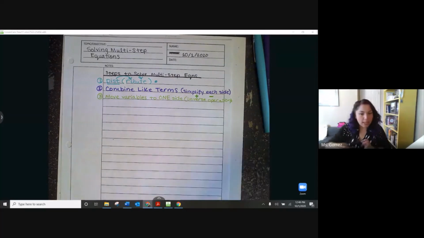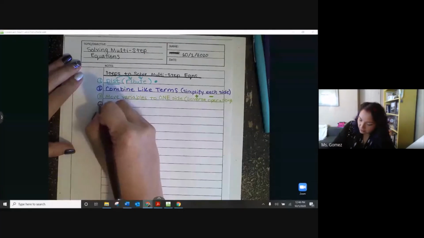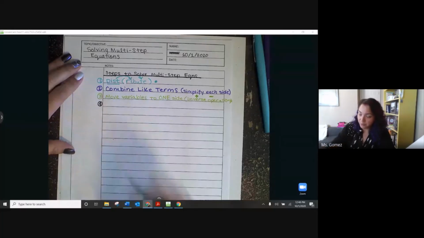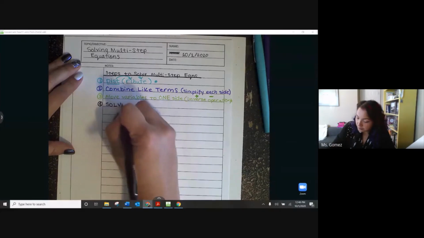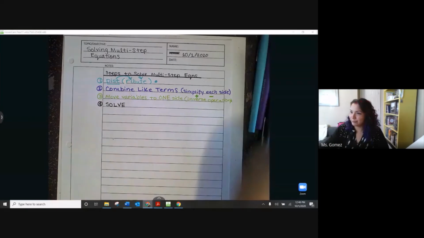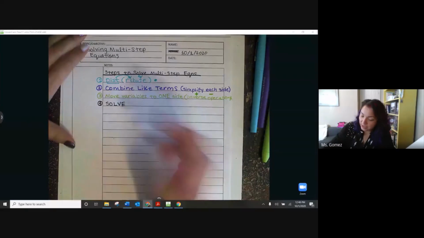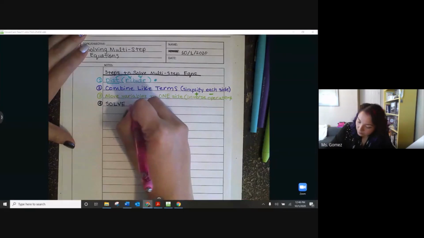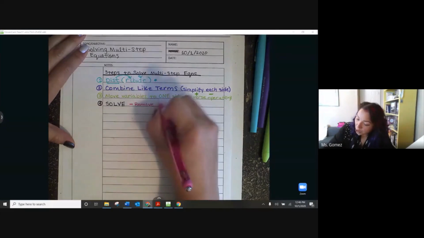Now, step 4 is kind of like a twofer. It's actually what we were doing with our notes on Tuesday. So I'm going to put this one in black because then I'm going to use the same colors that we had last time. So step 4 is simply solve. Now, if you recall from Tuesday, we had our pink pen and we said we need to remove constants first.